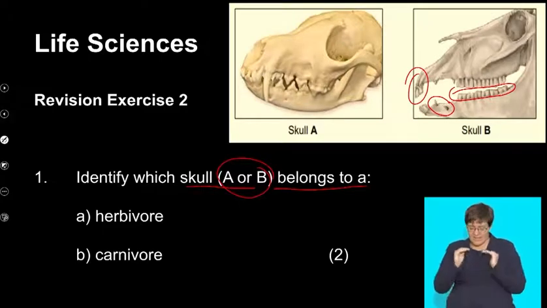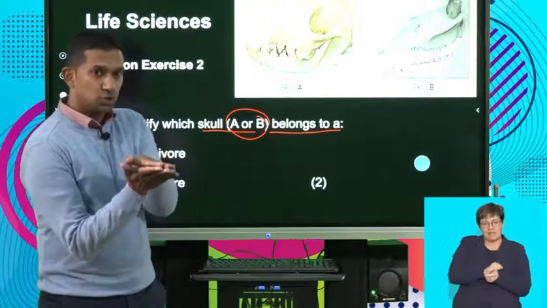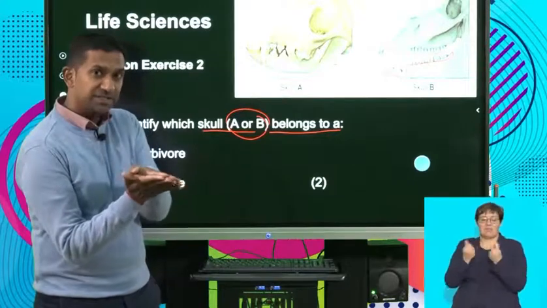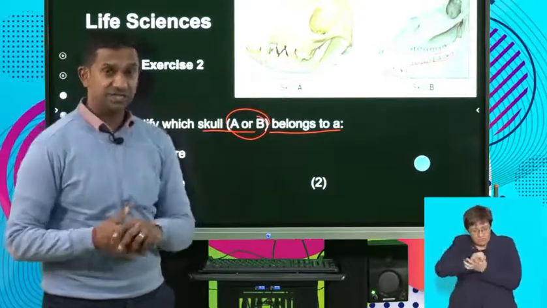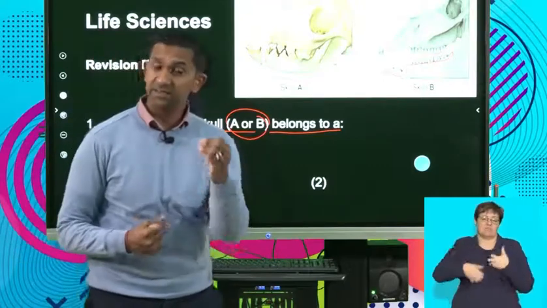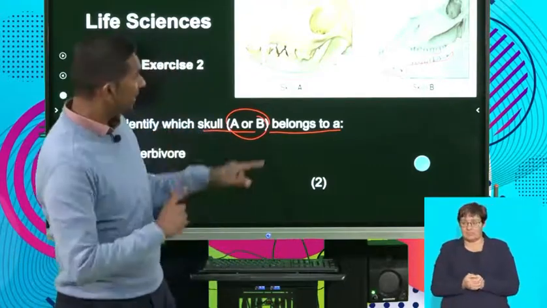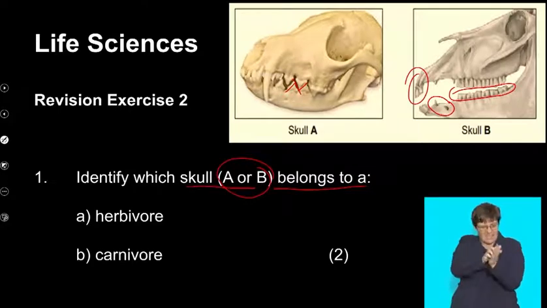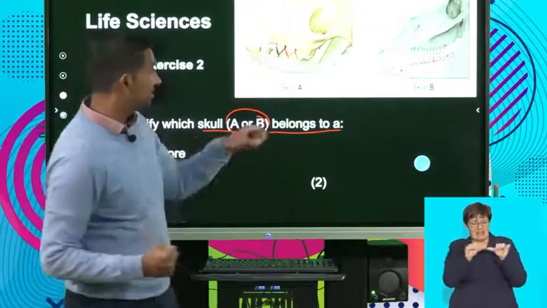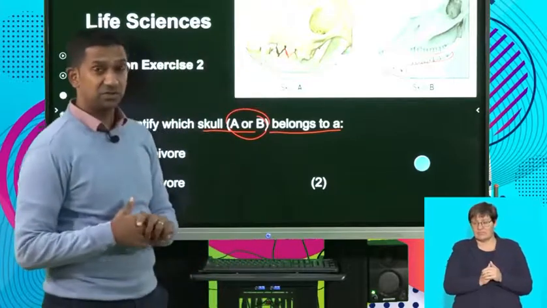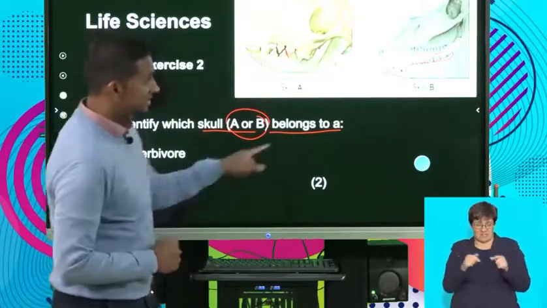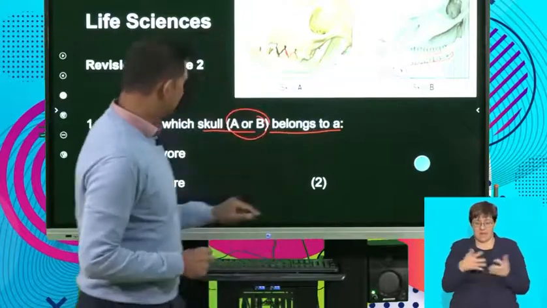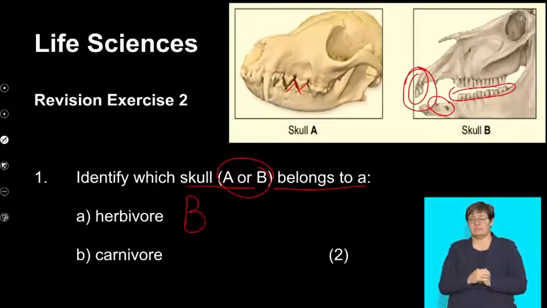The reason the molars and premolars are flattened is that when they chew, they're able to grind the plant material and release the nutrients from that, allowing for an easier process of digestion. However, if we compare that to the teeth in the carnivore, we can see these sharp triangular teeth that are there for crushing and biting and reducing the size of the meat that is being consumed. So distinctly different is skull B, which is clearly of the herbivore.